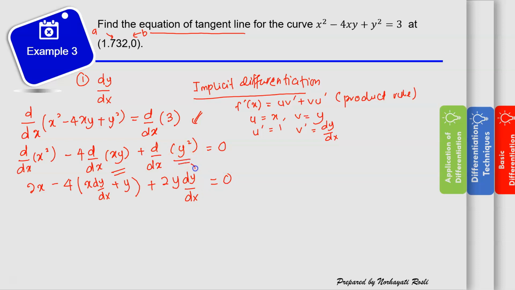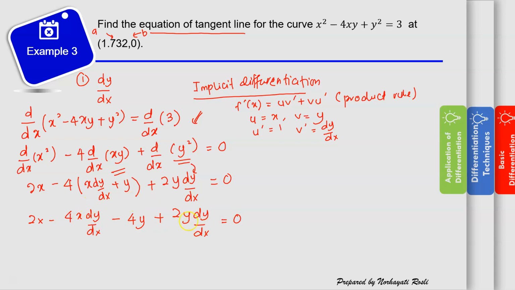We differentiate 2y, and then differentiate this y again, so 2y times dy dx. When we expand and simplify, we get 2x minus 4x dy dx minus 4y plus 2y dy dx equal to 0.